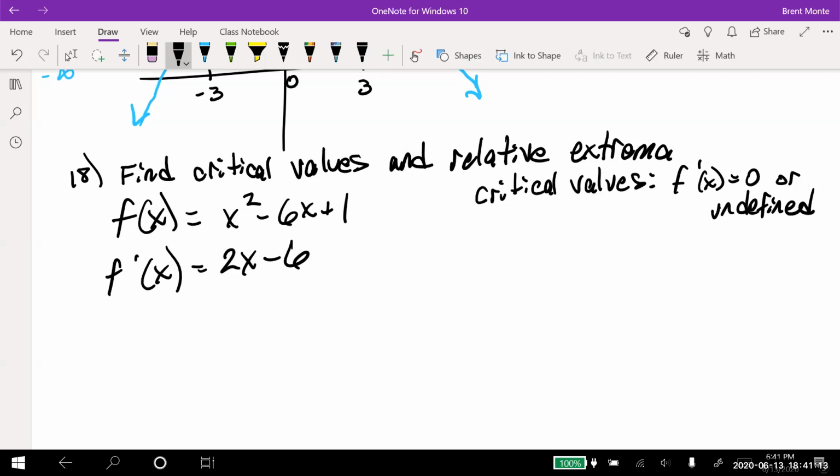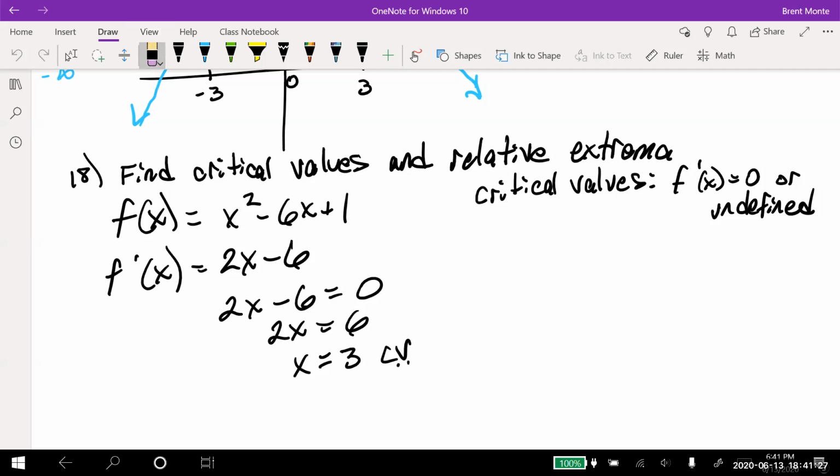There's my derivative. So I'm going to set that equal to 0, and I add 6 and divide by 2, x equals 3. That's my only critical value. I'm not going to put the dots there. We'll just say CV to say it's a critical value. So I do have one critical value.